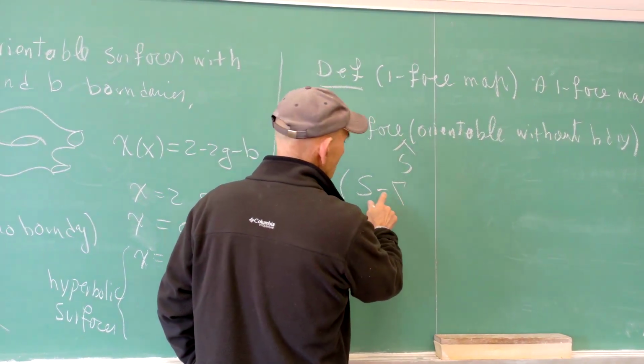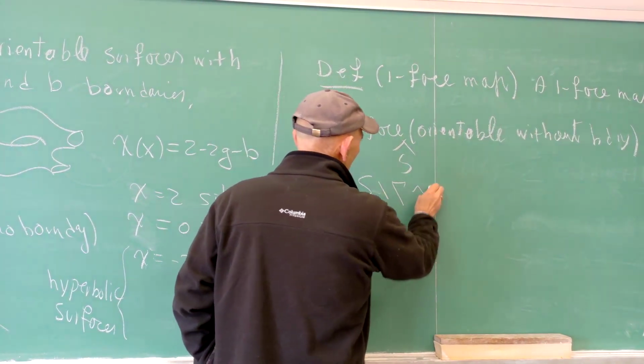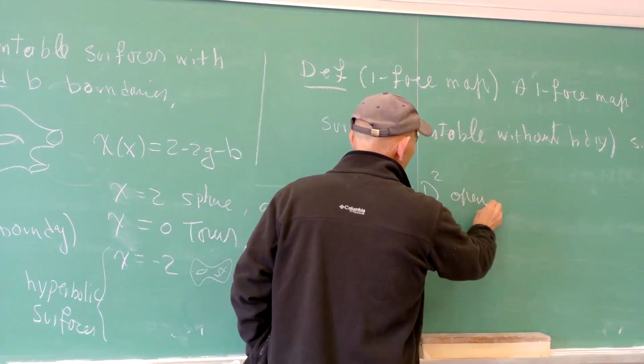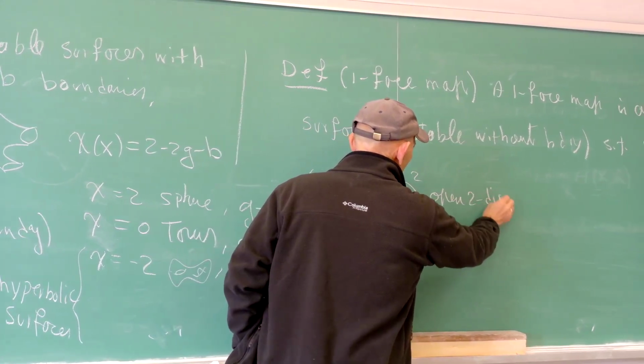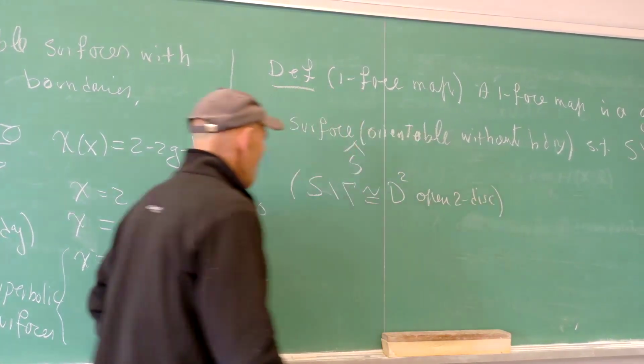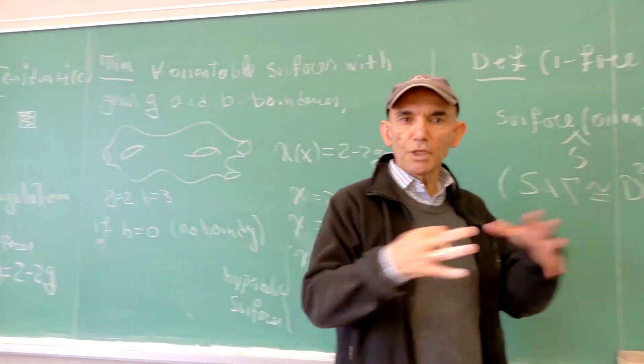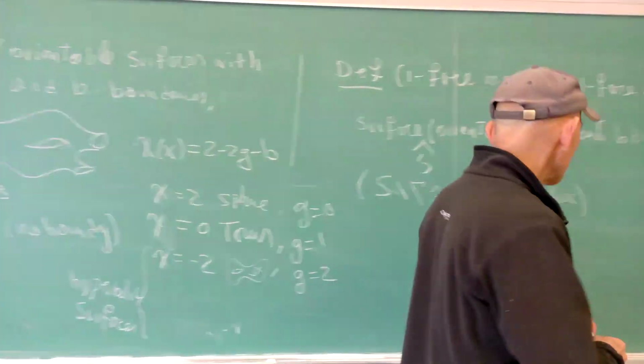S minus gamma, open two-disk. Okay, we saw some examples of this already by gluing surfaces.